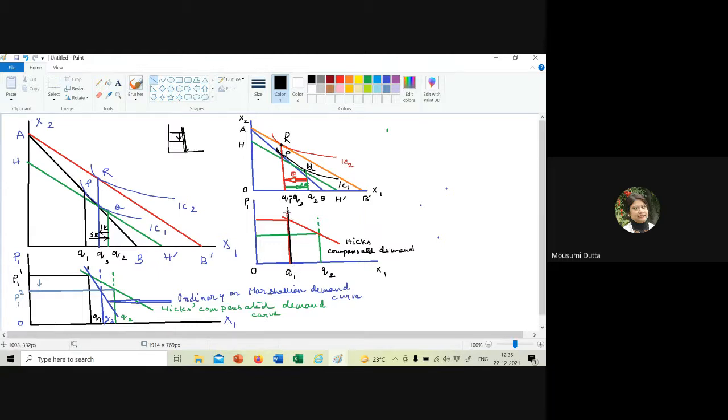So the black one is the Marshallian demand curve, and as you are understanding, it is perfectly inelastic.